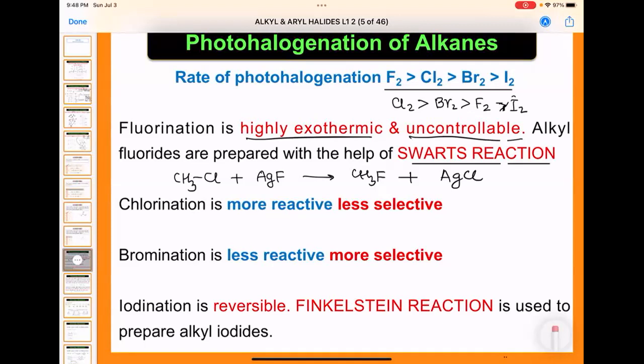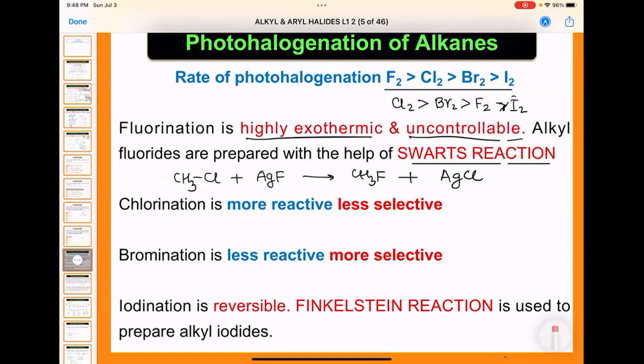Similarly, in fluorination, the reaction was very fast. Fluorination starts even in dark because it itself releases a lot of heat, so you don't have to give any energy. But fluorine is so reactive that you can't control which product you want. It breaks carbon-carbon bonds also, so you never do fluorination directly.